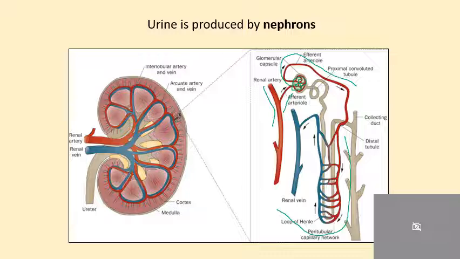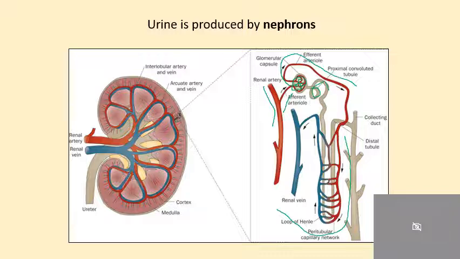Solutes that are smaller than a medium-sized protein. So solutes that include glucose, amino acids, gases, ions are all part of filtrate. From the glomerular capsule, that filtrate moves into the proximal convoluted tubule, shown here.